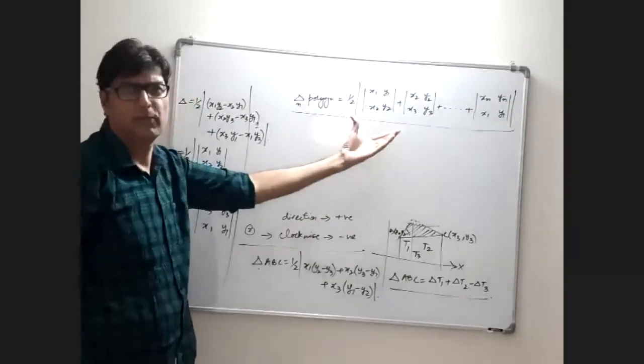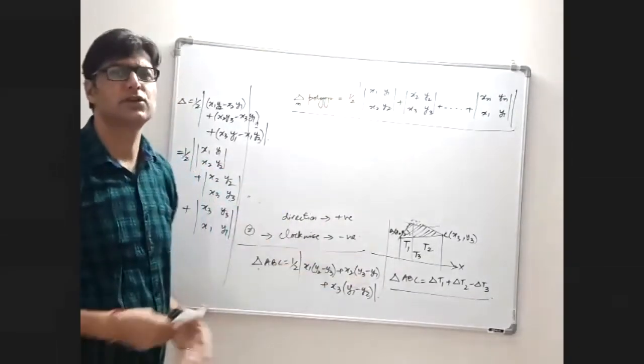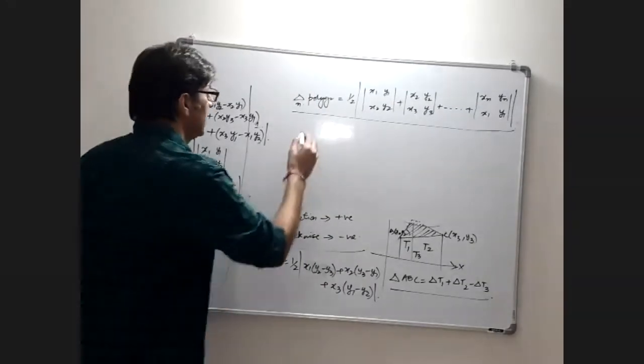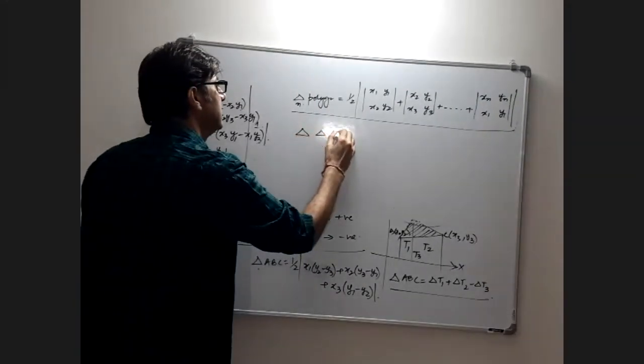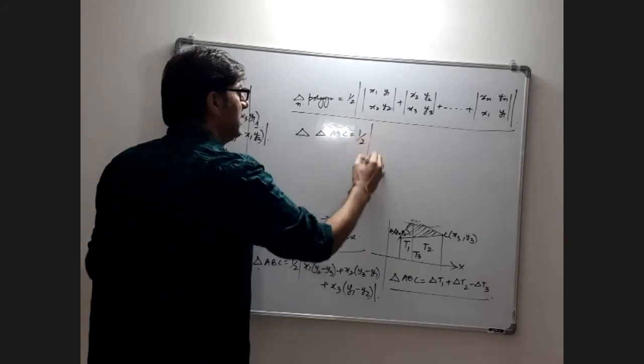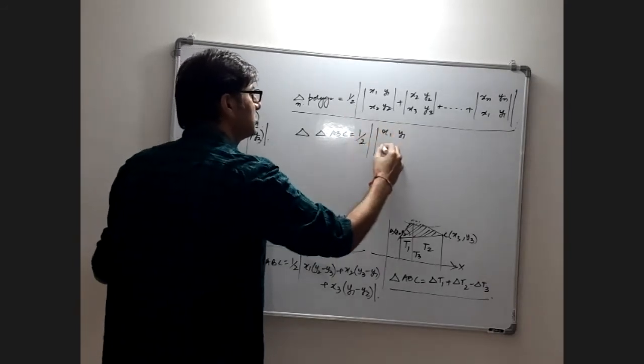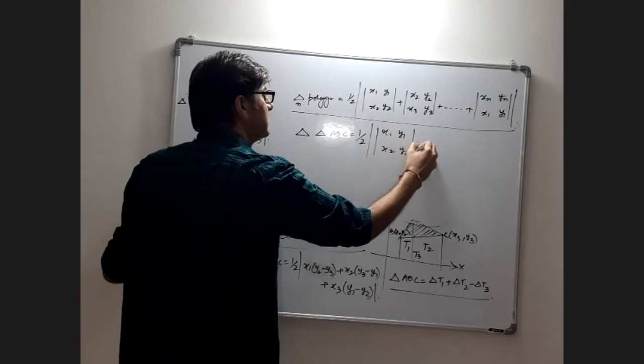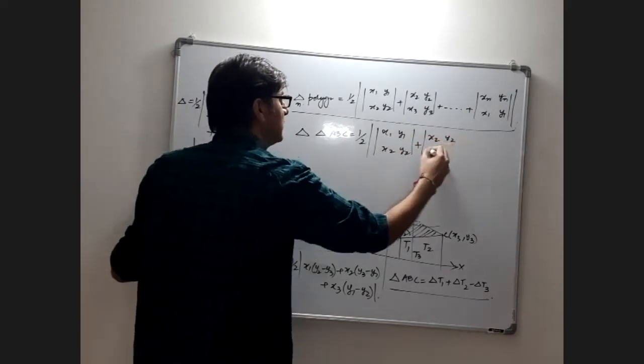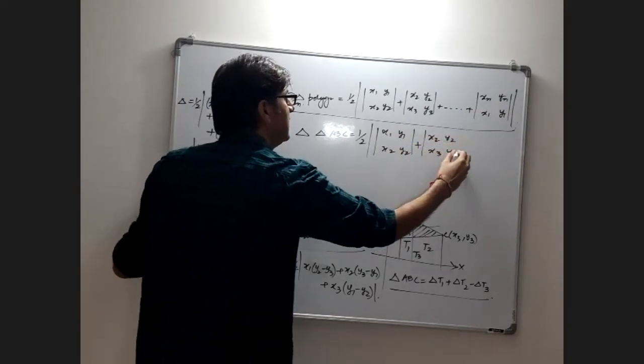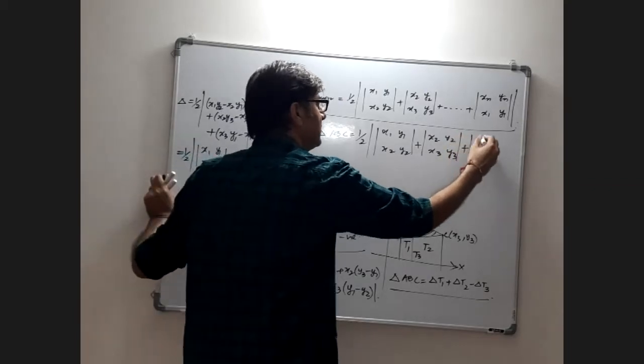So this is the area of a polygon in general, and in particular, the area of a triangle ABC is also a polygon, a closed polygon with three sides. It's x1 y1, x2 y2, then x2 y2, x3 y3, and finally x3 y3.